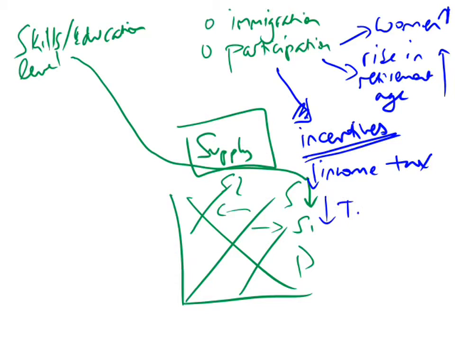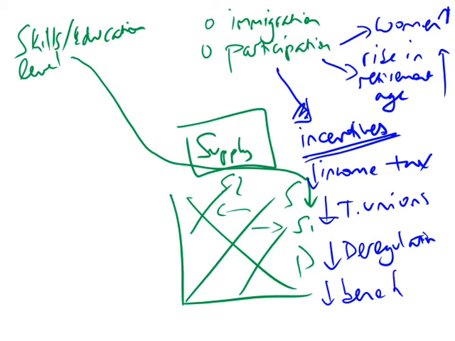A reduction in trade union powers would allow businesses to make workers more flexible, again increasing supply. Deregulation of labour markets would also have the same effect, and potentially reductions in benefits, so supply side policies linked to those, but again how they impact on supply.